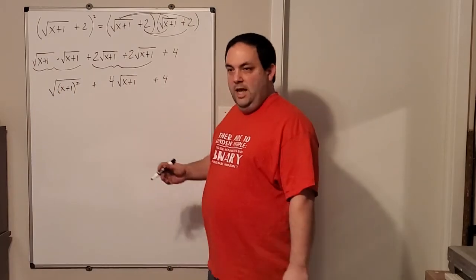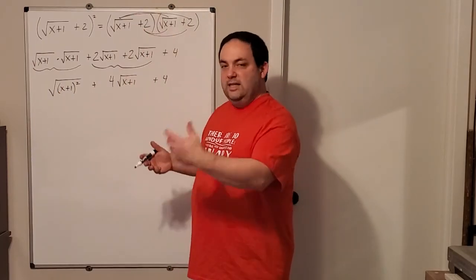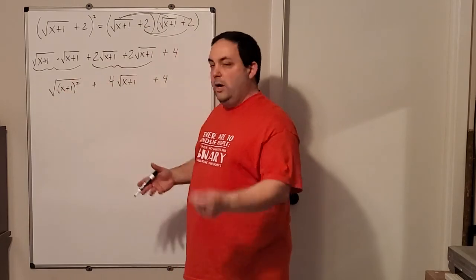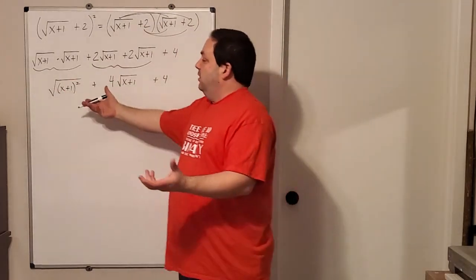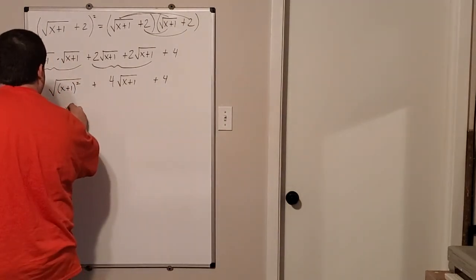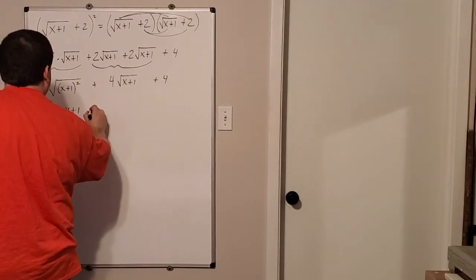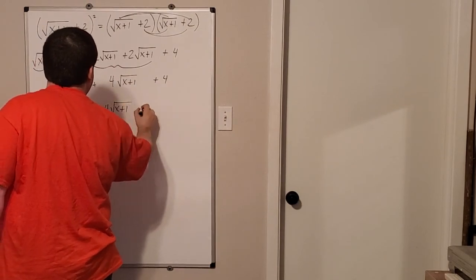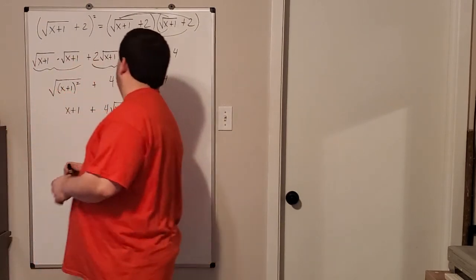Right? And that's going to work out very much the same as it has in a couple of the previous problems. Whenever I deal with a square root and a square directly, right, I end up with the object inside the radical. And the same thing is true here. I would end up with the x plus 1 plus 4 square root of x plus 1 plus 4. Okay?